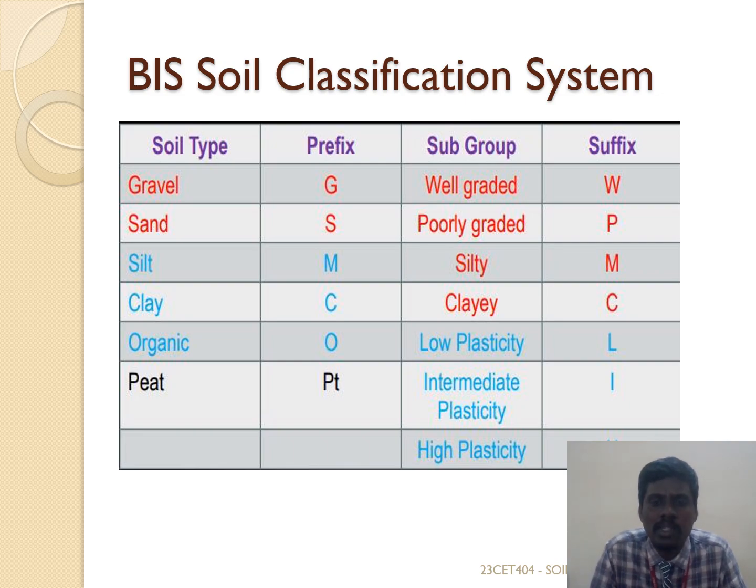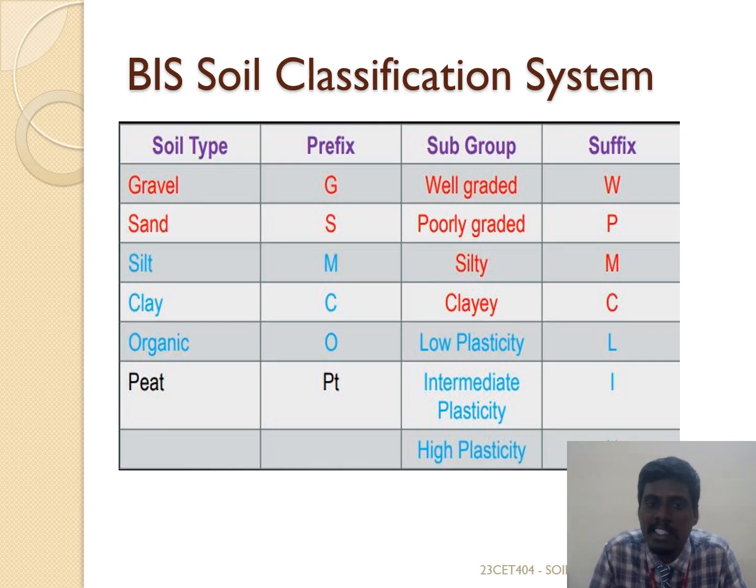Okay, the next one is M, that means MCO. MCO means silt, clay and organic in the prefix portion, and the suffix portion is L, I, H. So the soil types are categorized under ML, MI and MH, that means low plasticity silt, intermediate plasticity silt and high plasticity silt.